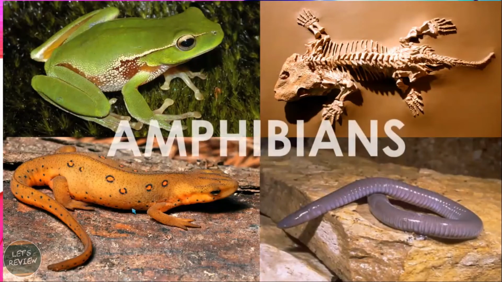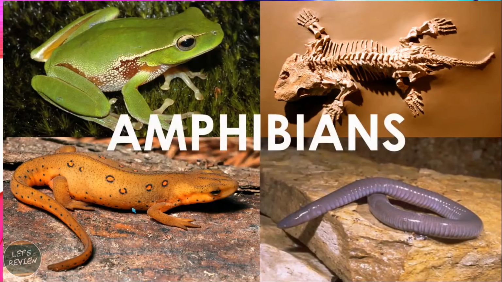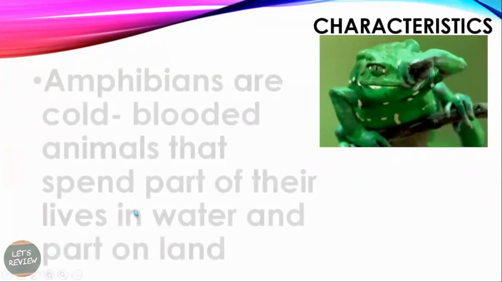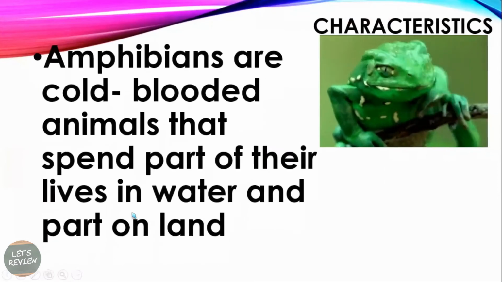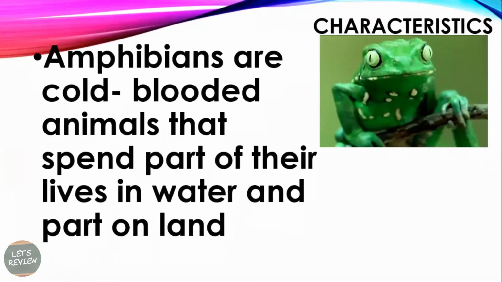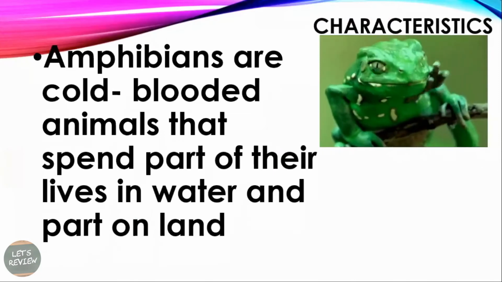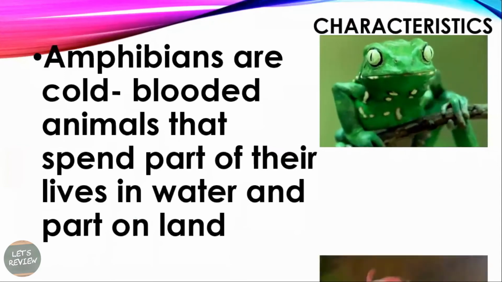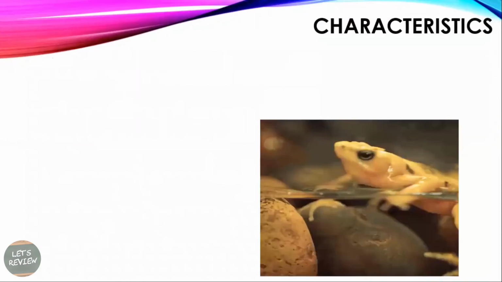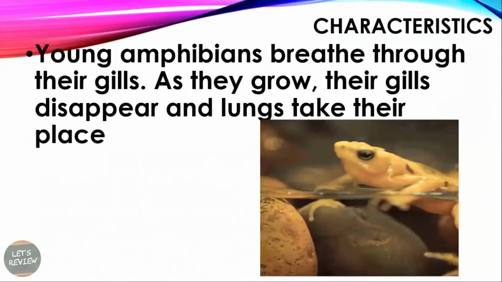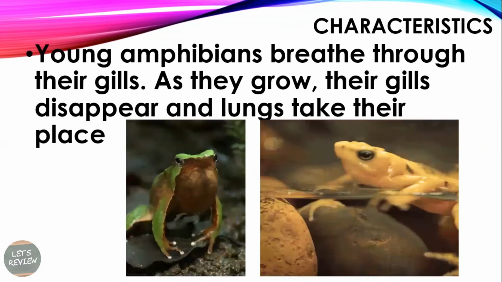Now, what about amphibians? The third example of the vertebrates. Amphibians are cold-blooded animals like reptiles that spend part of their lives in water and part on land. They can live on land, they can live in water. Young amphibians breathe through gills like fish. As they grow, their gills disappear and lungs take their place.